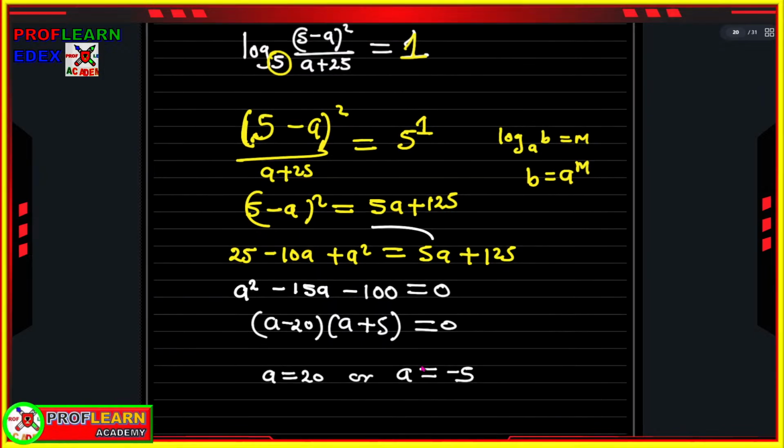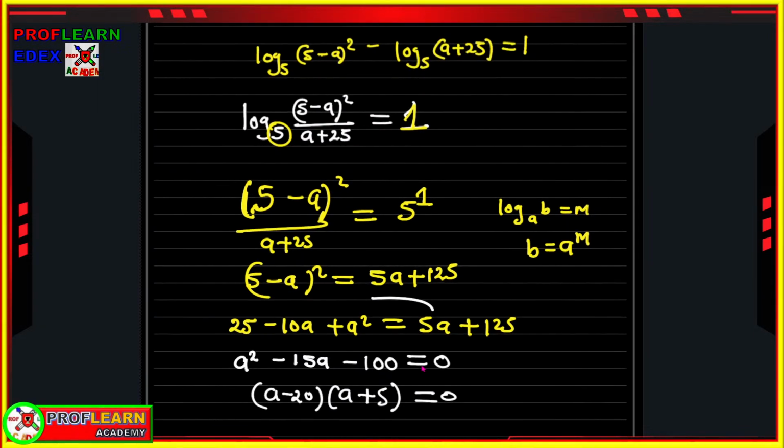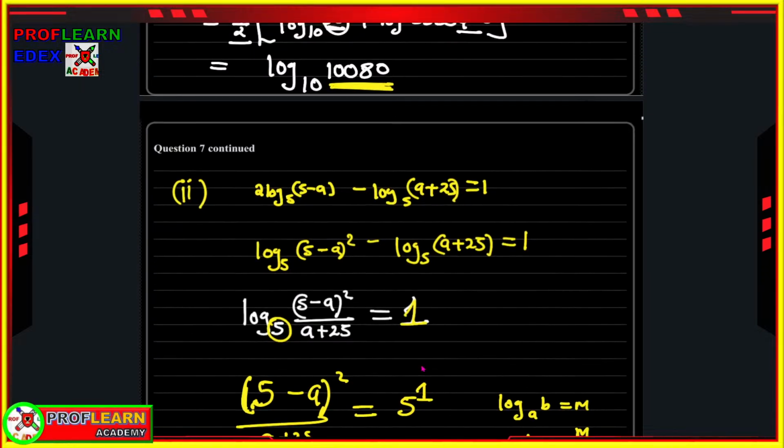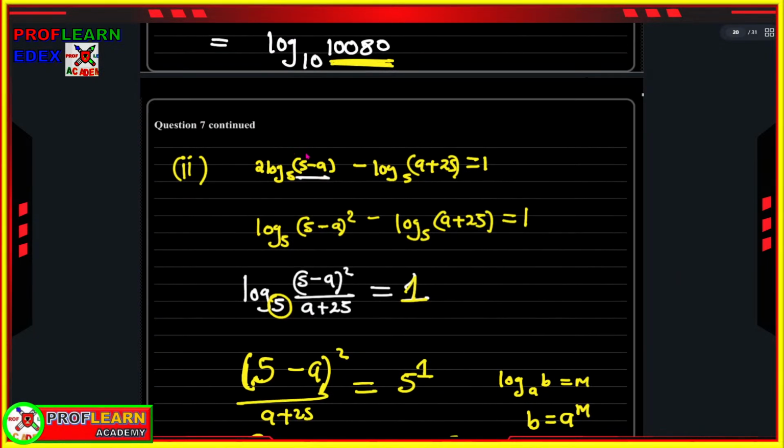Anytime you have a question to do with logarithms, once you have gotten the answer, you need to come back to the equation and check. If you substitute a is negative 5, will the answer inside the log be positive?